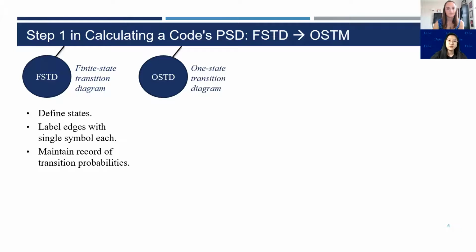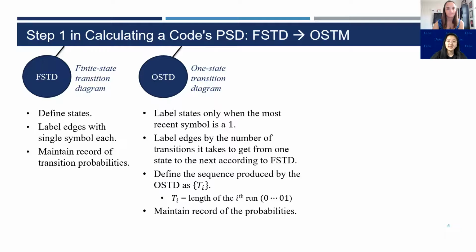And then we derive the one-step state transition diagram, or OSTD, of the same system by assigning states only to the vertices where the most recent generated bit is a 1. Edges of the OSTD are labeled by the number of transitions it takes to get from one OSTD state to the next OSTD state according to the FSTD.